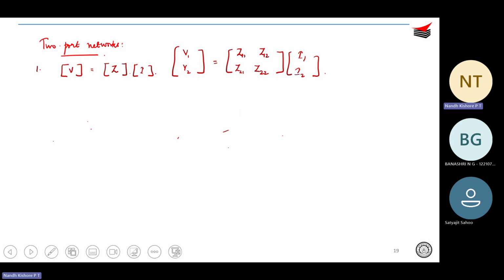And just like the superposition theorem, if you want to find Z12, for instance, it would be simply V1 by I2 with I1 equal to 0. Simple, right? So you have to disable the other source. So this is the impedance matrix.